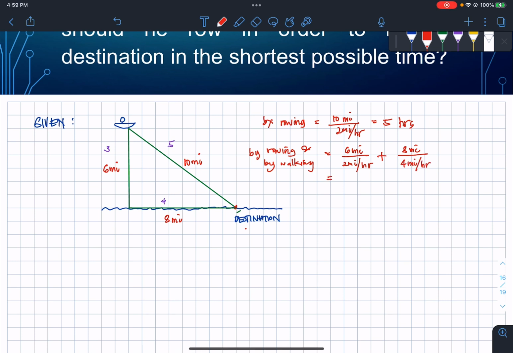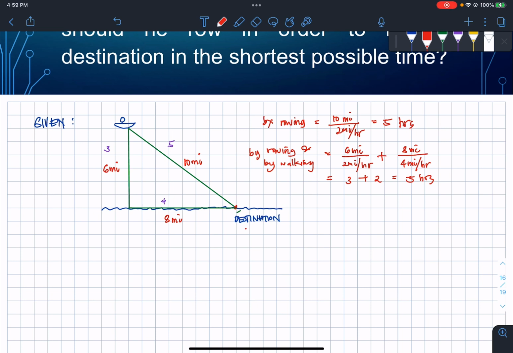So 6 divided by 2 is 3. So 8 divided by 4 will be 2. Okay. So it would still be 5 hours. So it's the same. Either you row directly from the current position to the destination, it would take the man 5 hours.